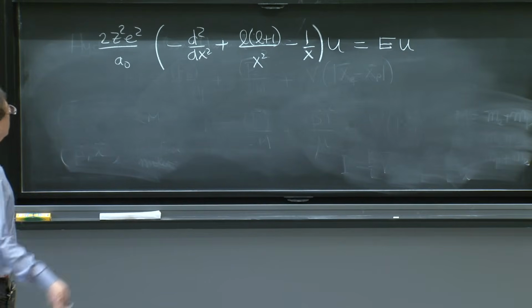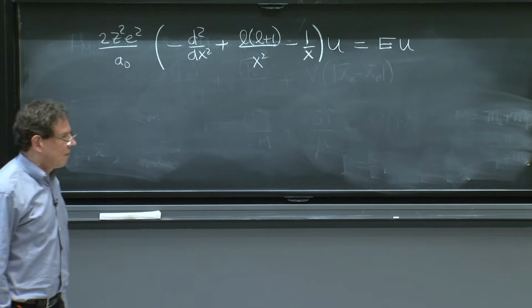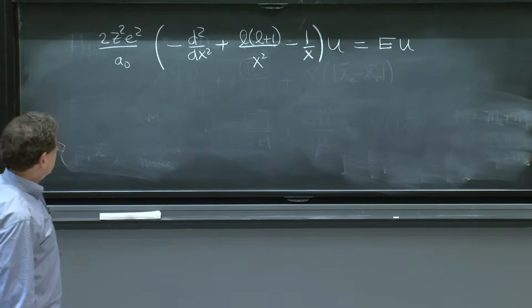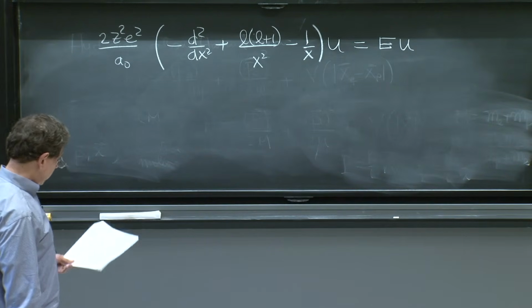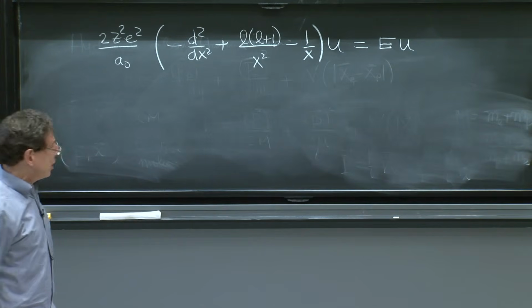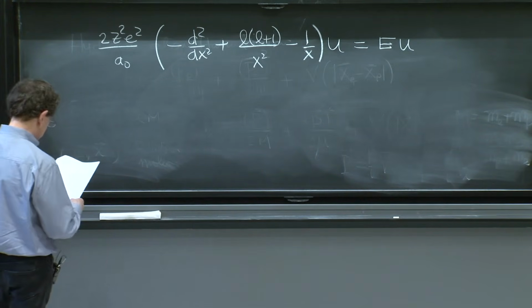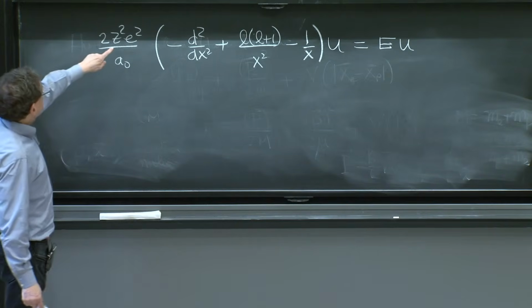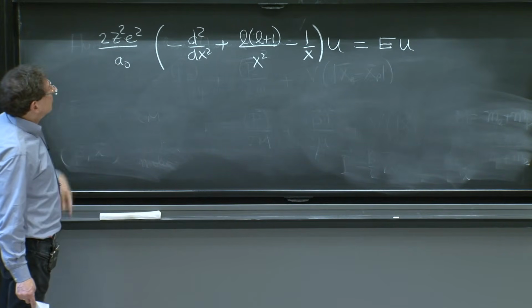That will be the common factor that will come out of everything by the time you solve it. And it has the units of energy, as you can imagine. e squared over a naught has the units of energy.